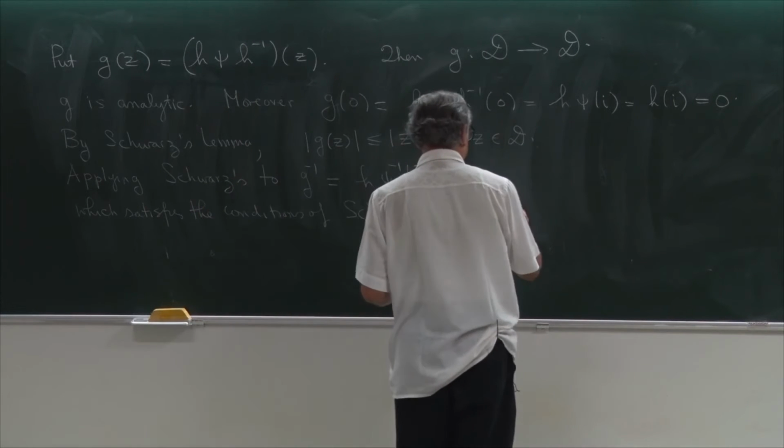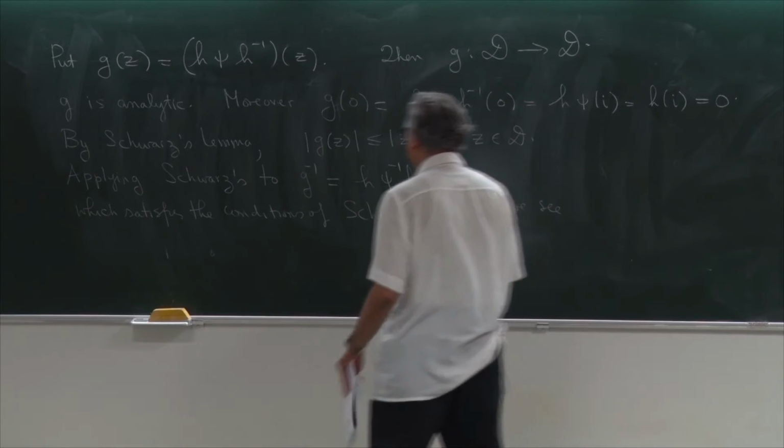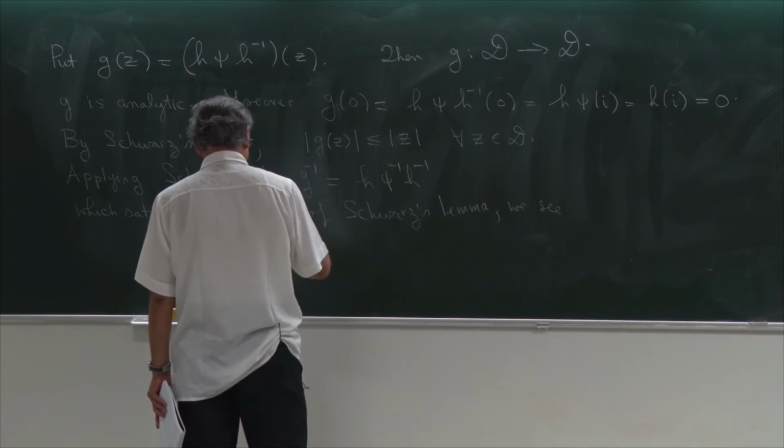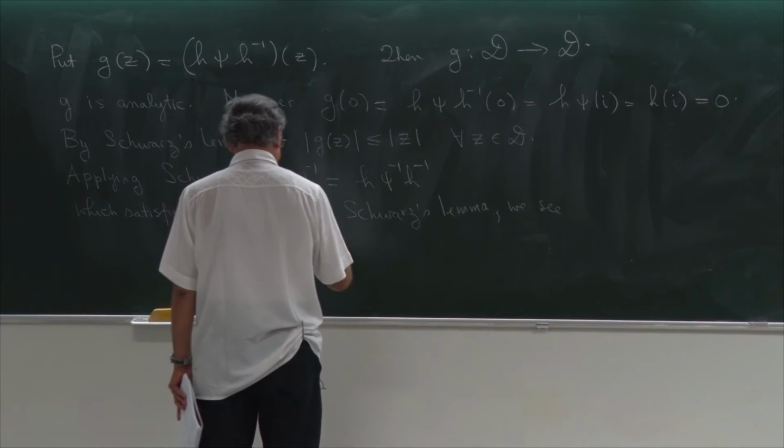We see that G inverse of z is also less than the absolute value of z.